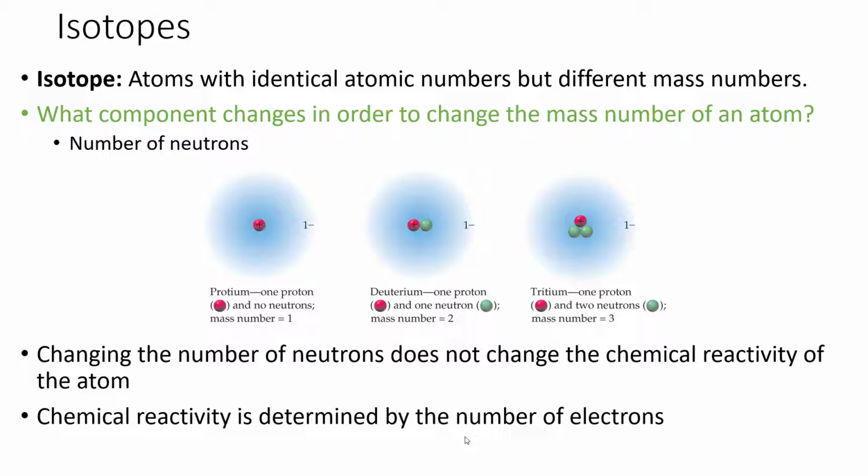The thing that changes between them is the number of neutrons. Changing the number of neutrons does not change the chemical reactivity of an atom. The chemical reactivity is determined by the number of electrons, which we'll get to later.